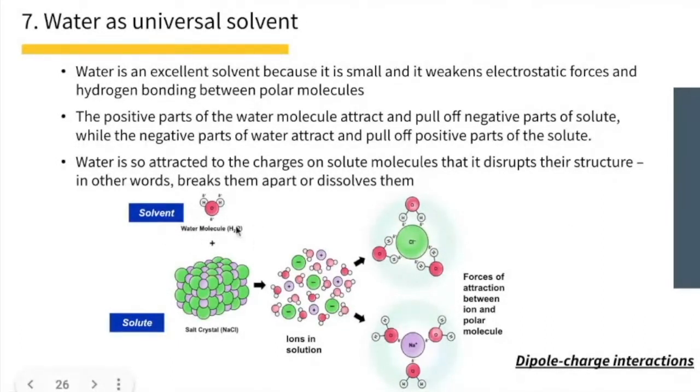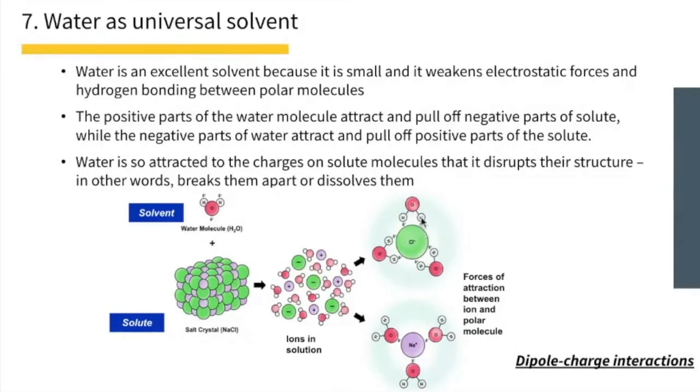So for example, this is a water molecule as a solvent. And then I give an example, sodium chloride as a solute. So when mixed together, an ionization process occurs. The negative charge of the solute is attracted to the positively charged hydrogen atom in water.